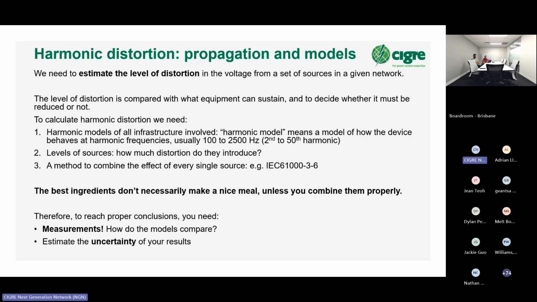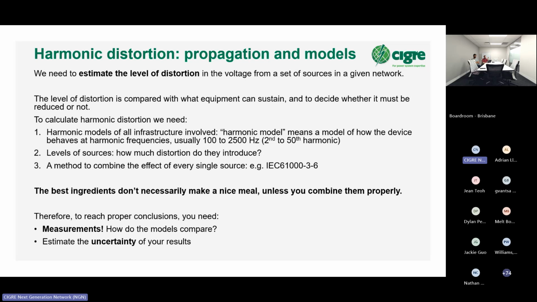So a good model is as useful as how good is the way you put it together in a circuit with all the other models. So attention must be paid to how we combine things and what method we use for the calculation.